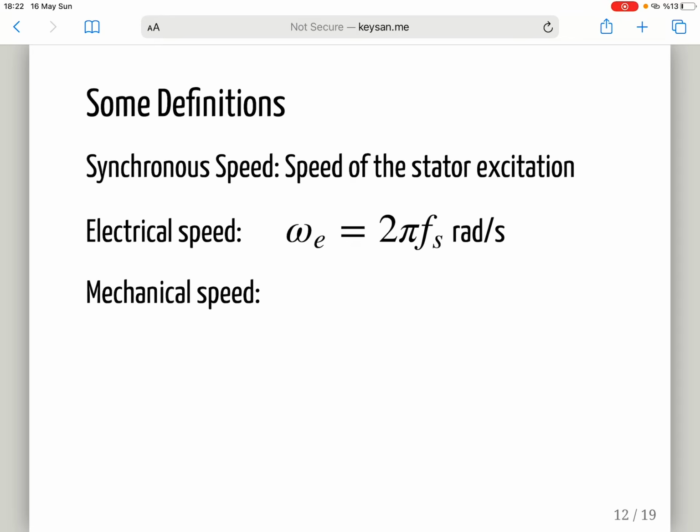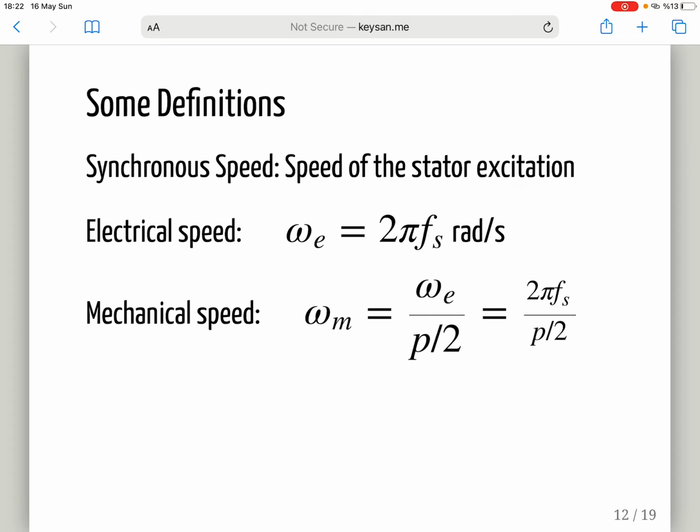Then you can have the mechanical synchronous speed, and again we have the same definitions as in the synchronous machine with the number of poles. You need to divide the electrical speed by the pole pairs, or pole number divided by 2, so you have the expression on the right.